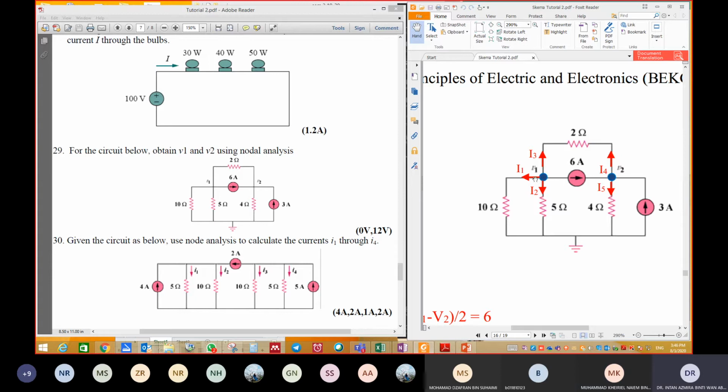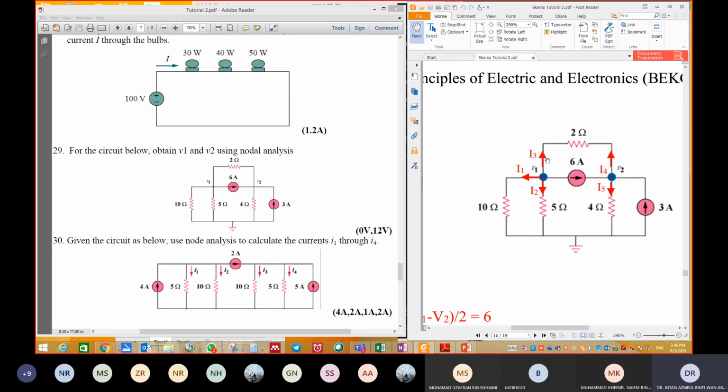How about current here? Make it flow to the ground. So I1 flows like this, I2 to the ground also. How about current here? Just use this direction. How about current here? Up to you, you may make it like this or opposite.